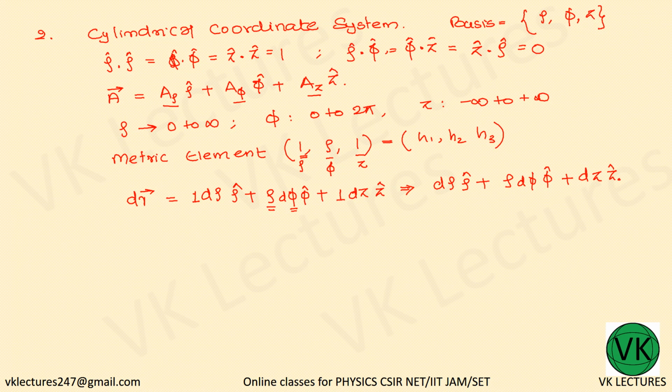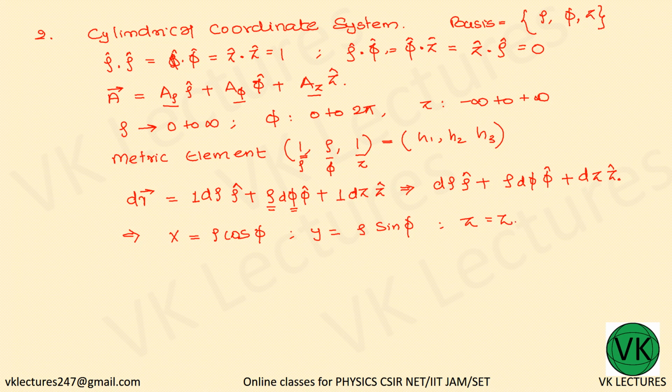Now if you want to convert this cylindrical coordinate system to the Cartesian coordinate system, we have to write x is equal to rho cos phi and y is equal to rho sin phi, and the value of z is equal to z.